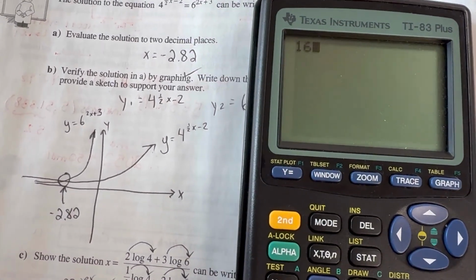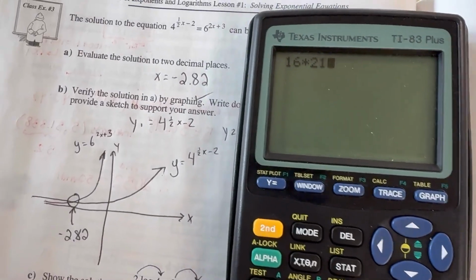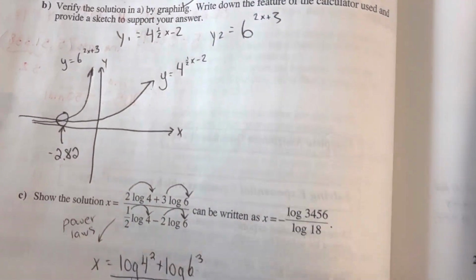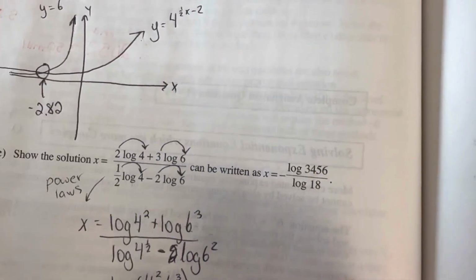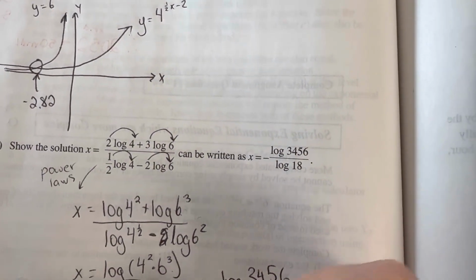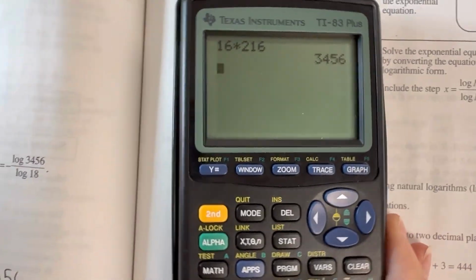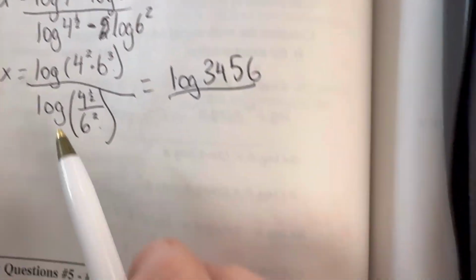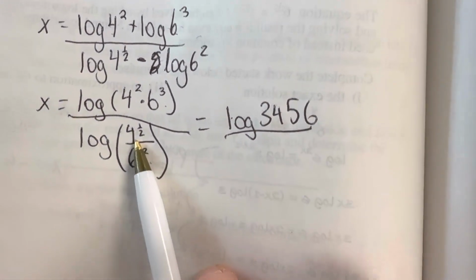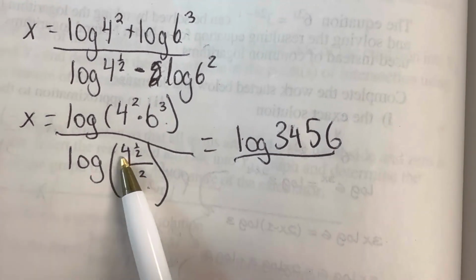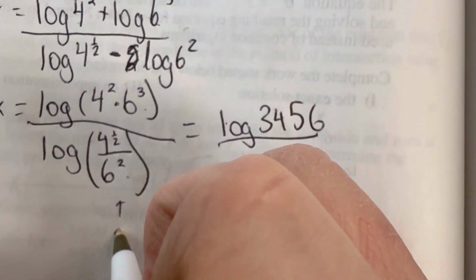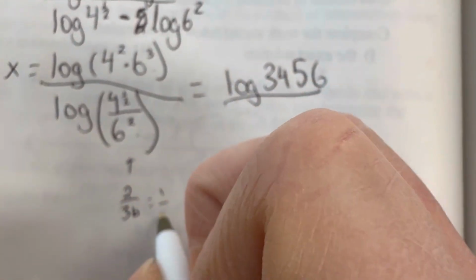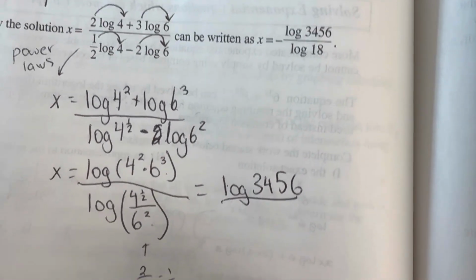So 16 times 216 is 3,456. Okay, and then we've got the square root of 4, well that's 2. So 2 divided by 36, right there, which is the same as 1 over 18.